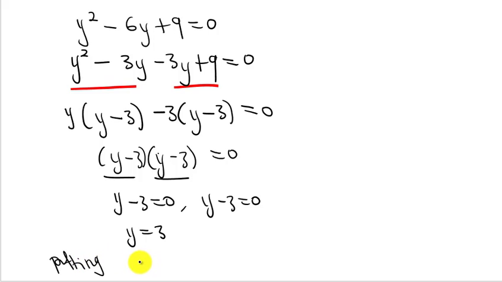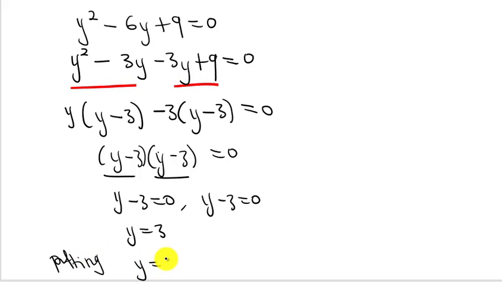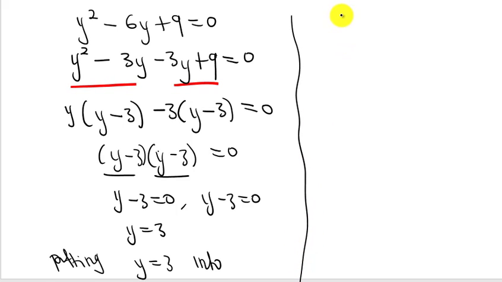Putting y being equal to 3 into equation 3, we are having x being equal to 6 over y.